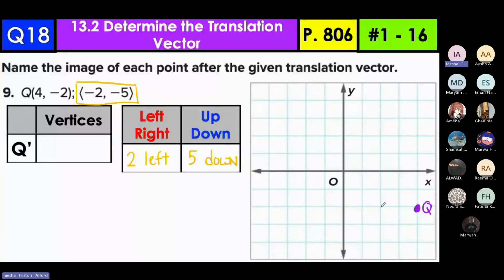Well, you can still imagine if you count, yeah? So left 2, then 1, 2, 3, 4, 5 down. Where do you think is the Q prime?